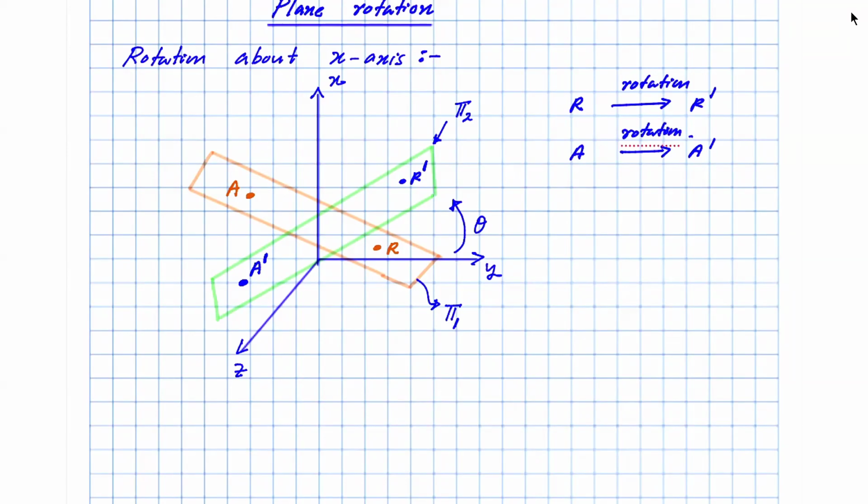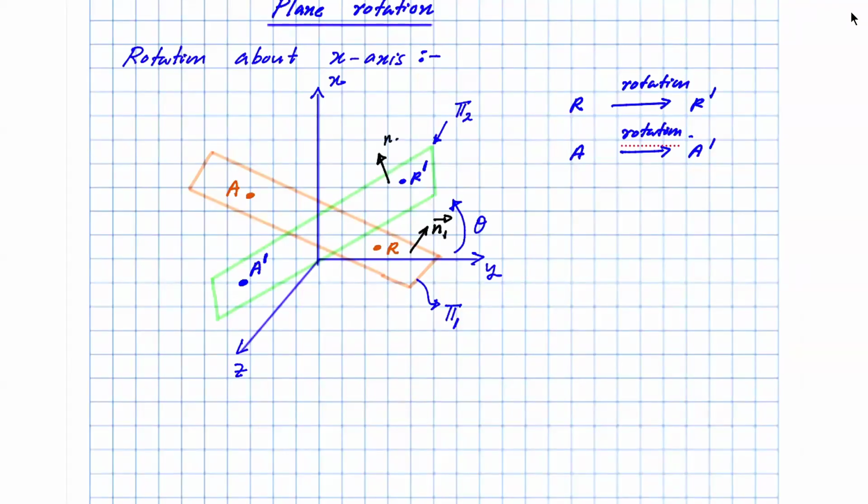Now, what do you think about your n vector? Now, suppose your n vector is here, n vector. Do you think when you are rotating, the n vector is changing? The n vector is not changing. So now you can see this is n1 here.